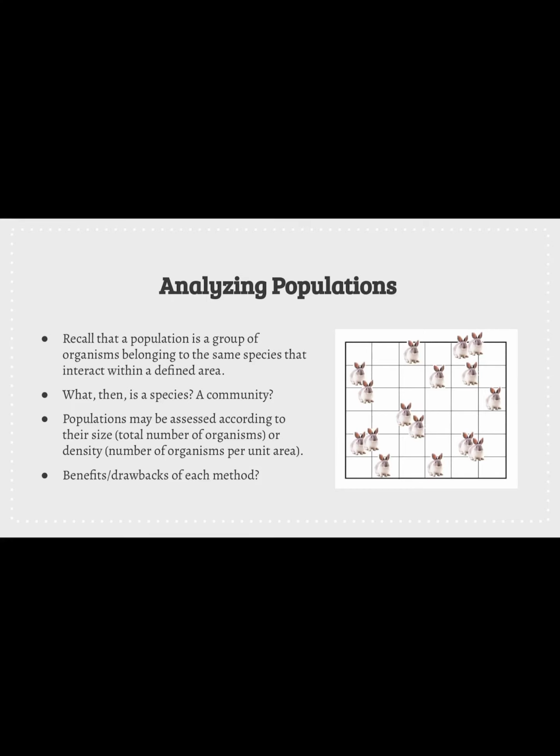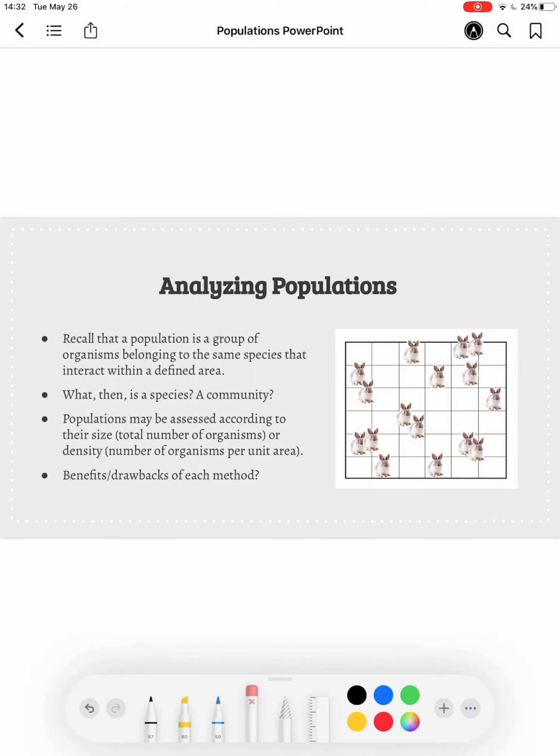So what are some benefits and drawbacks of each method? Well, I just sort of went over that. If we're going to count each individual, it's going to take a really long time. Density is probably a better thing, especially if they are in a dense area, but it might also be bad if we were doing density and we decided to only count that square.